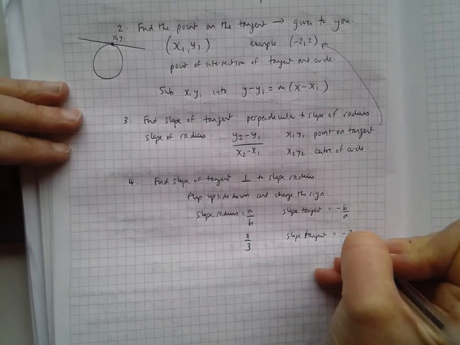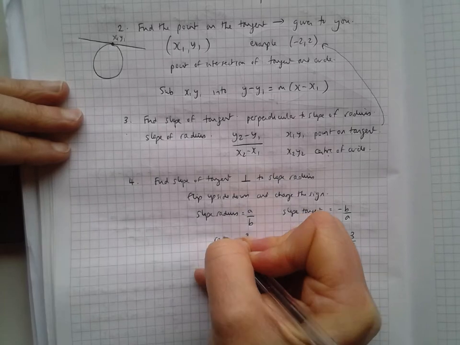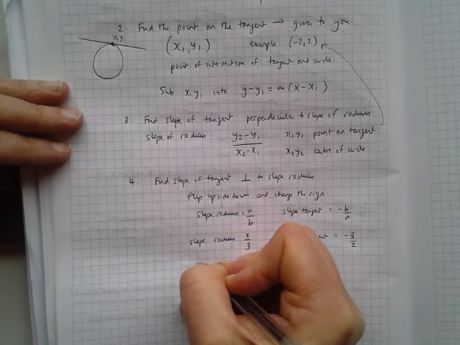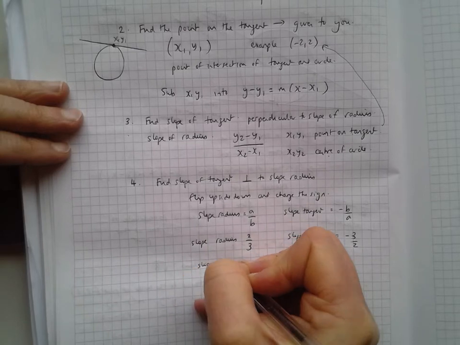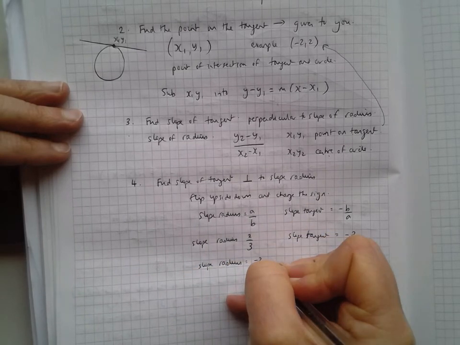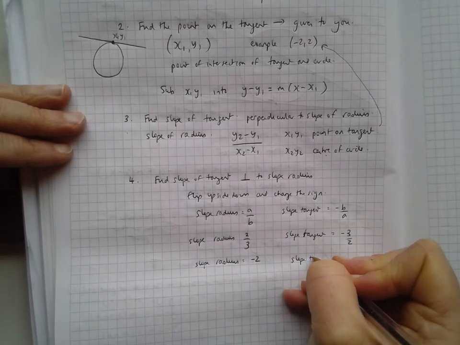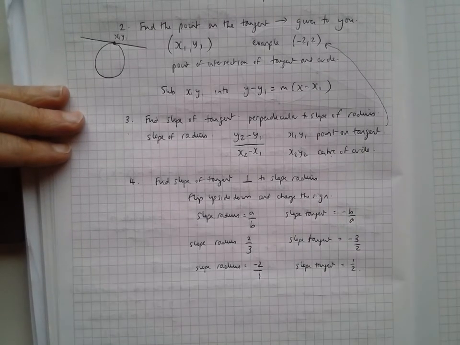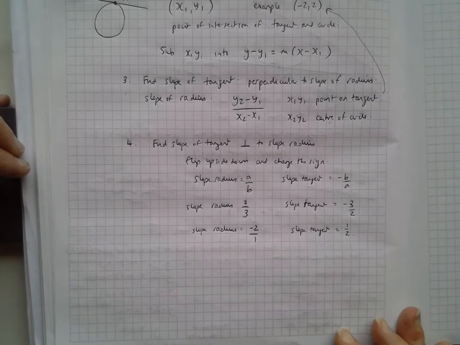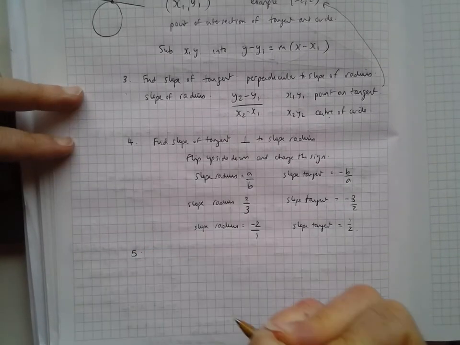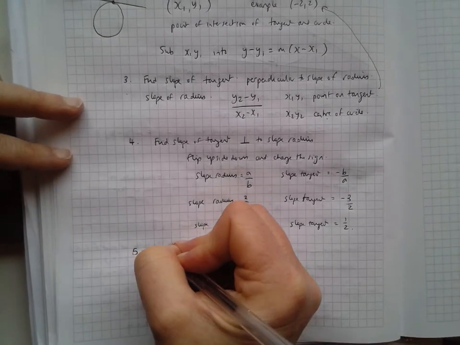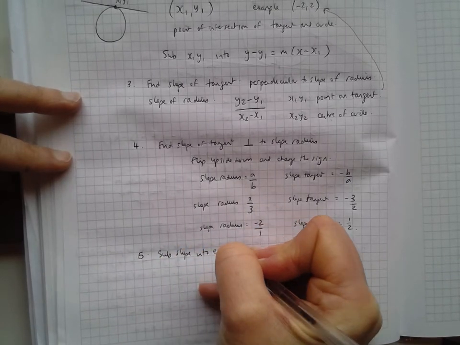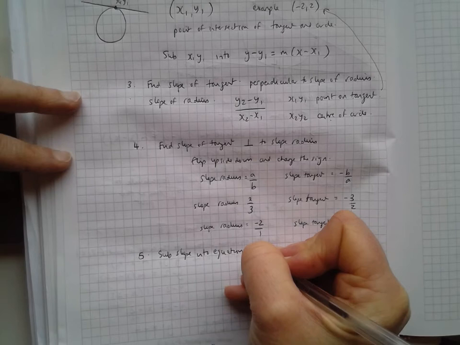If the slope of the radius was minus 2, the slope of the tangent would be 1/2. Okay, and then finally we sub the slope into the equation formula and work it through.